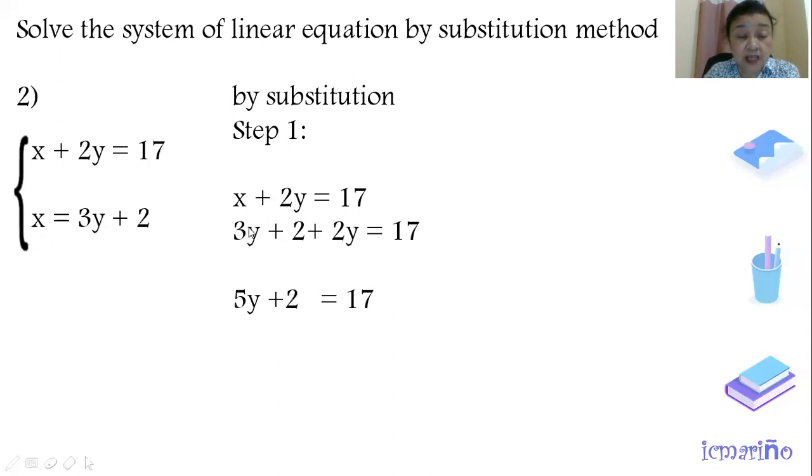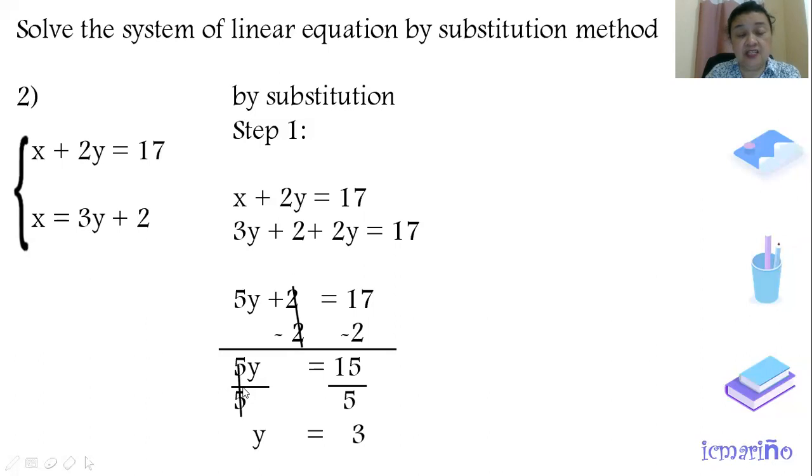And adding 3y and 2y will give us 5y plus 2 equals 17. And we have to eliminate or cancel 2, so we have to subtract 2 from both sides, and that is 5y equals 15. Divide both sides by 5, and y equals 3.